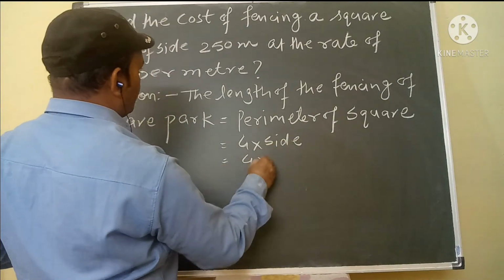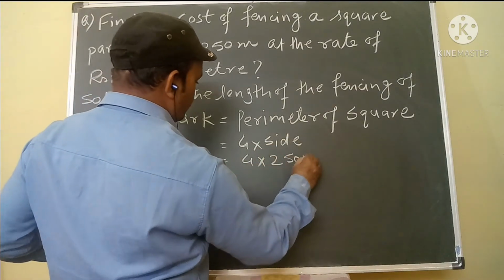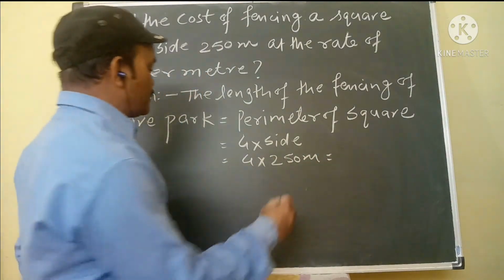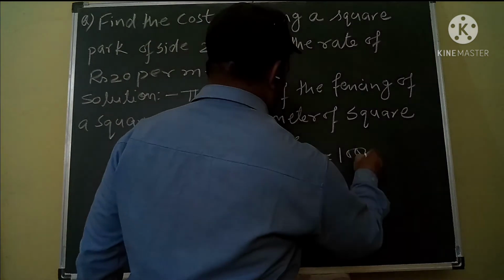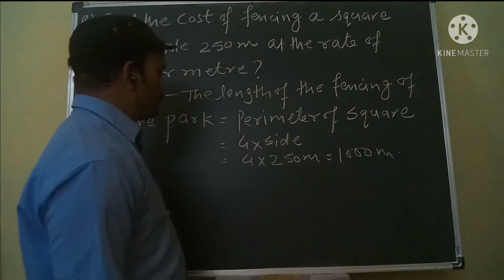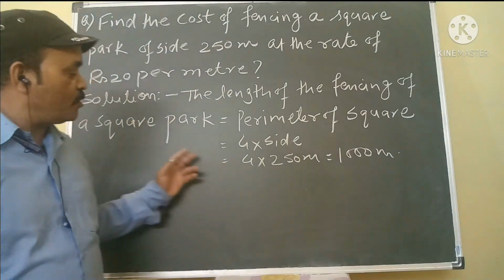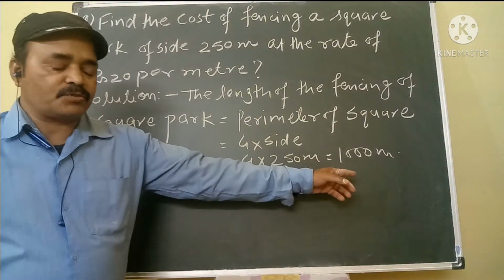Side is 250 meter. 250 into 4 gives 1000 meter. In this question, the total length of the fencing of the square park is 1000 meter.